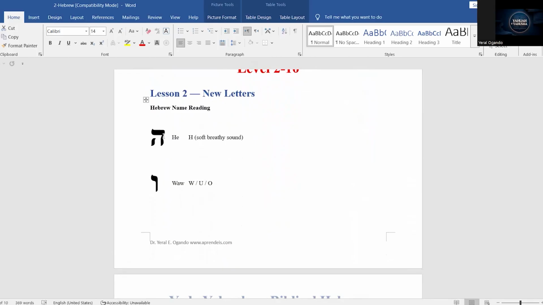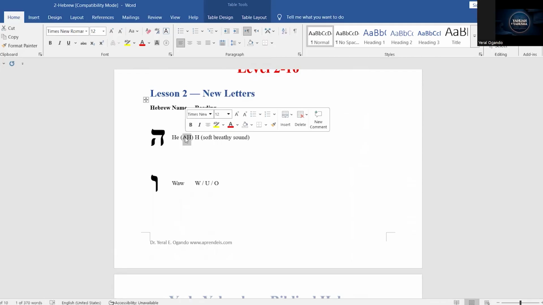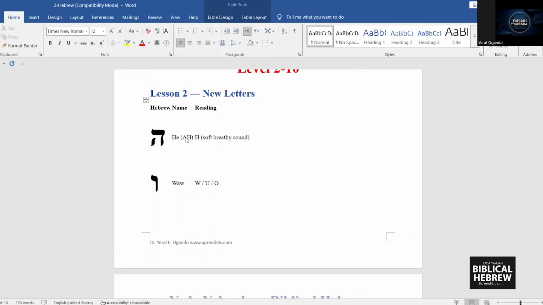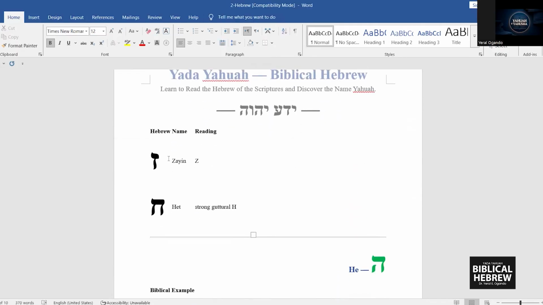The first one we have is He, which is the H sound and represents the A sound, and it is pronounced always at the beginning and in the middle. Next is Wow, which is the U sound and the O sound everywhere you see it. Third is Zayin, which is the Z sound.